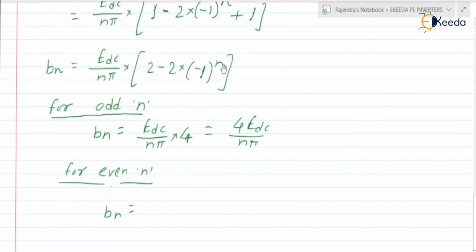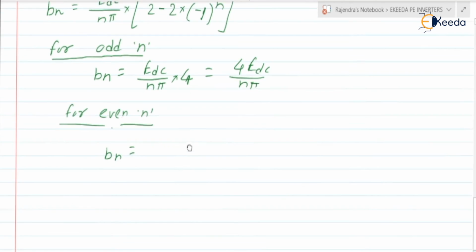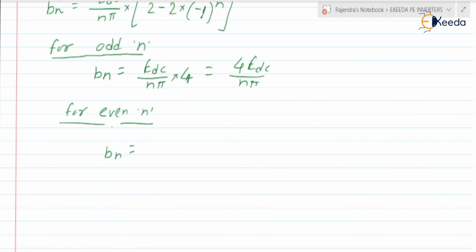Minus 1 to even power is 1 only, so this 1 into minus 2 is minus 2. So 2 minus 2 is 0. So it is Edc by n pi into 0, which is equal to 0. So bn is equal to 0 for even values of n, and it is 4 Edc by n pi for odd values of n.